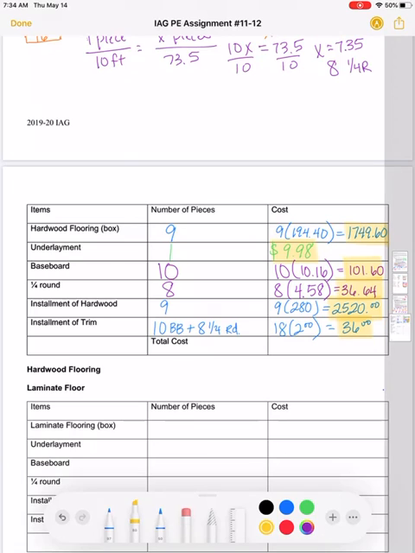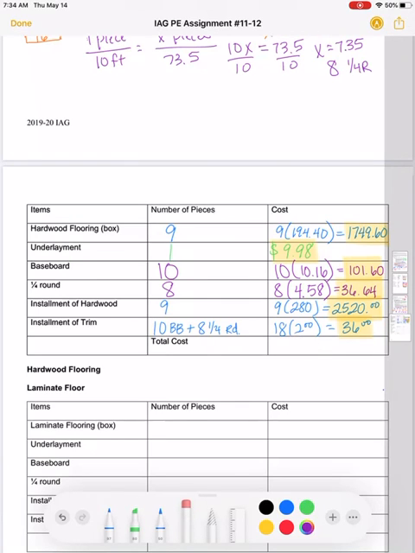So real quick, as I throw this into the calculator, 174,960 plus 998 plus 10160 plus 3664 plus 2,520 plus 36 is going to cost me a grand total of 4,000.